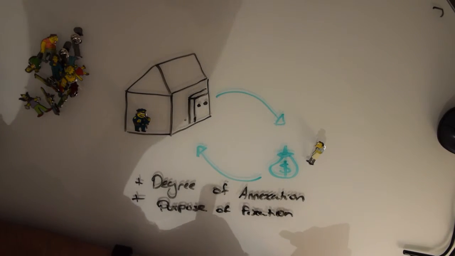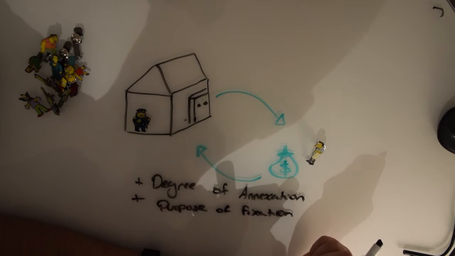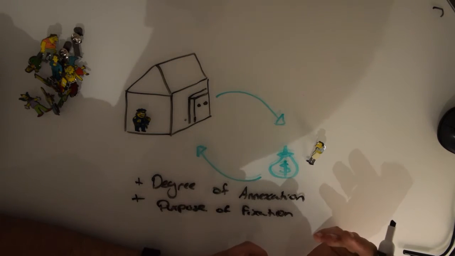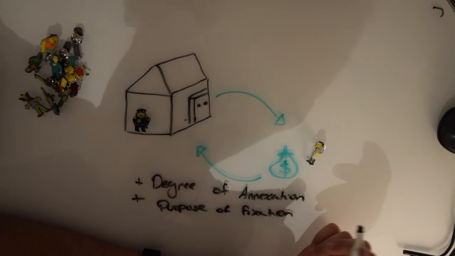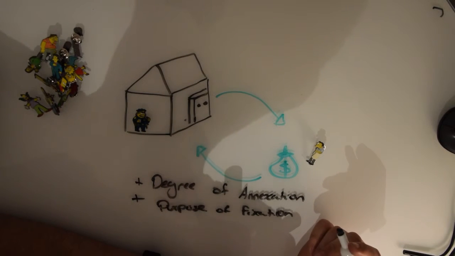The degree of annexation would be looked at as two bolts bolting the washing machine to the house. Due to the fact that there's only two bolts holding it together, it's unlikely that it's considered a high degree of annexation.